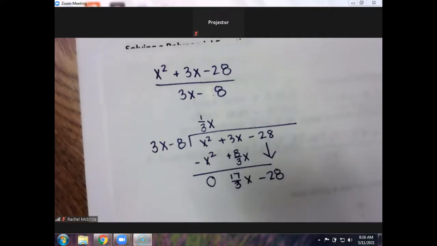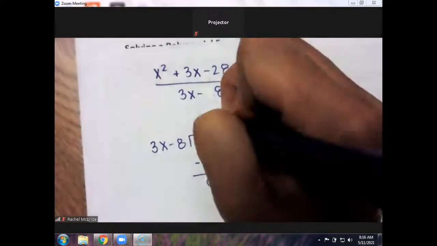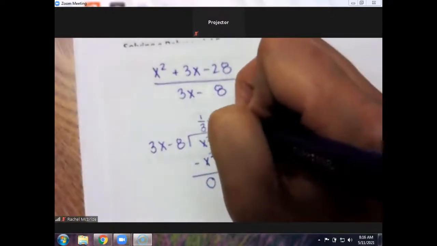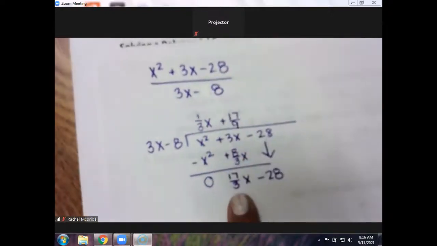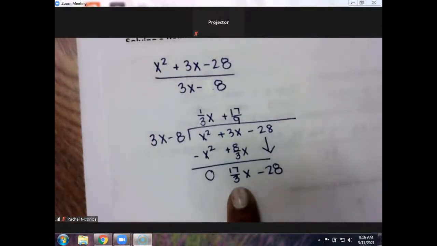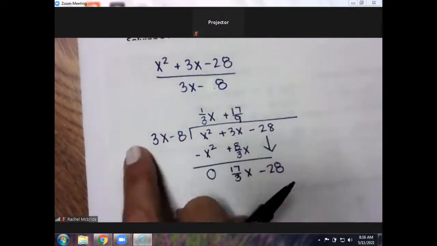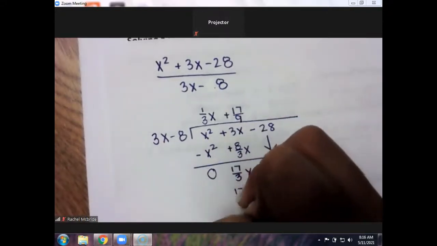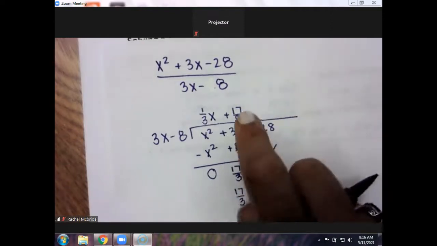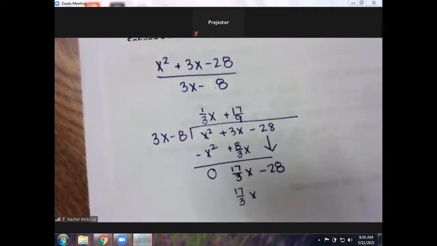So if you took 17/9 and you multiplied that by 3, you'd get 17/3. And I knew how much we hate fractions, which is kind of why I made this one have fractions. And then here you just have to take 17 times 8 and divide that answer by 9.